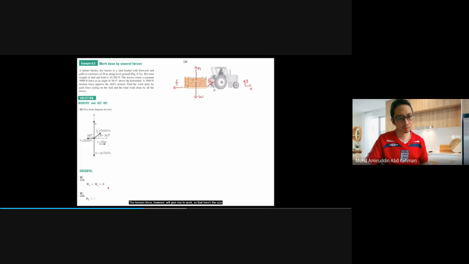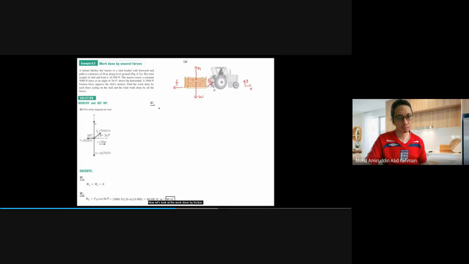The tension force, however, will give rise to work. So here's the size of the tension force, here's the magnitude of displacement and the angle between them, and the cosine of 36.9 is 0.8, and putting in the numbers, I get 80 kilojoules of work. And that work is positive because the sled is moving in the direction that the chain is pulling.